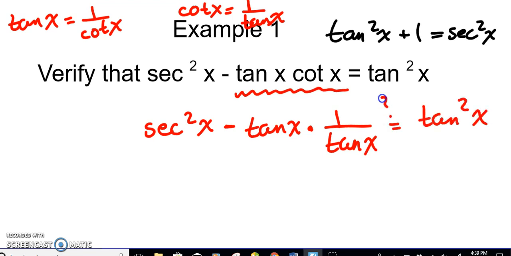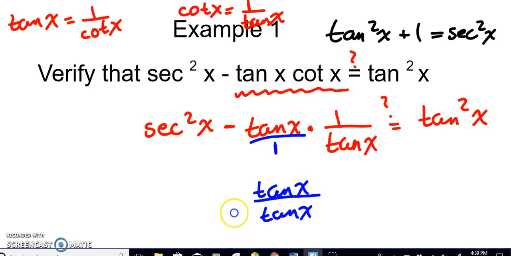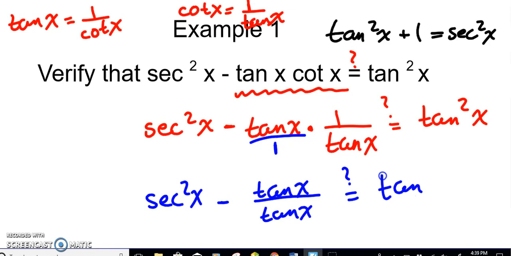Again, we're not sure if they're equal to each other, so I'm going to put a question mark right there. Since it's a tangent up top and tangent on the bottom, let me rewrite this so everybody can see it. We know this is over 1. So if we multiply, that'll be tan x over tan x, minus secant squared x, and that hopefully will equal tan squared x.